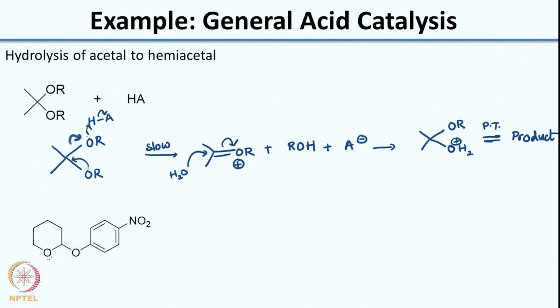if you have the para nitrophenoxide as the leaving group, it is assisted by this acid. So, now what you will get would be this intermediate.